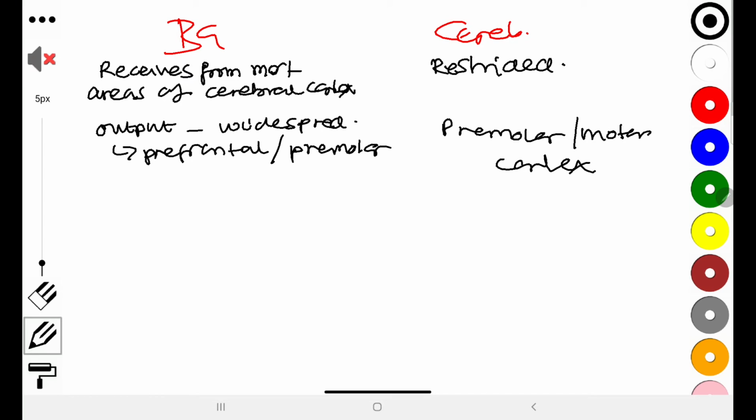Basal ganglia, they do not receive somatosensory input. Okay, so they don't receive whilst there's somatosensation here.